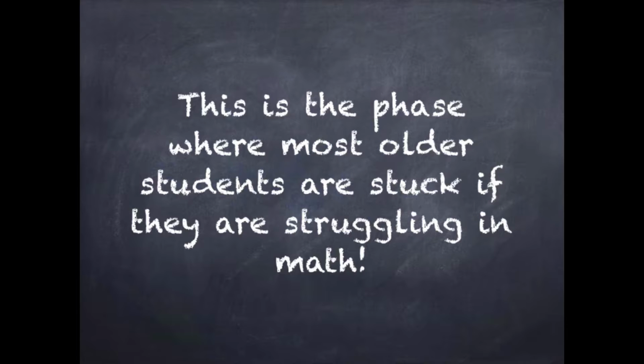A hallmark of this phase: this is the phase where most older students are stuck if they are struggling in mathematics. If you have a 5th grader who just doesn't understand long division or multi-digit multiplication, they're really stuck in this phase because they don't understand how the base 10 system works, and thus they're attempting harder problems such as multiplication later on, just learning procedures without reasoning or understanding what is happening.